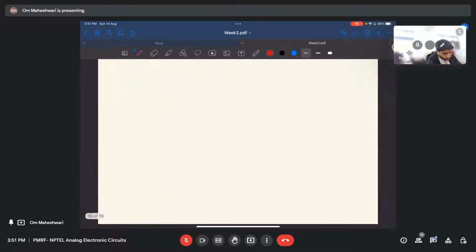Let me put it here again: RD RL divided by RD plus RL into ID. So we will put the value of ID here.